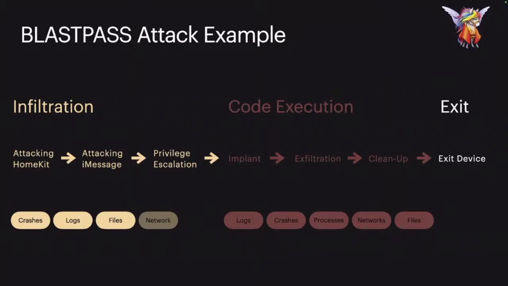Then there is a privilege escalation stage that I'm not able to analyze because it was encrypted and we couldn't recover the key. And then I'm guessing there is another stage where there is an implant running on the phone and where there is some cleanup afterwards. But in that case, we have very good information on crashes, unified log messages, and files that the sample is leaving behind.